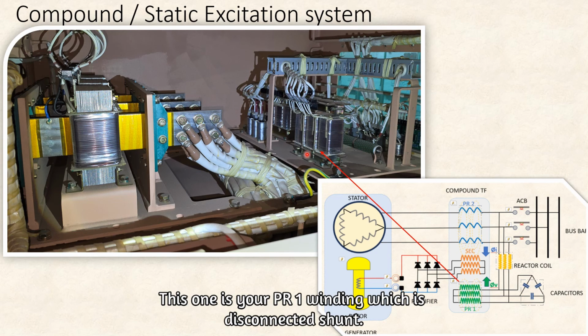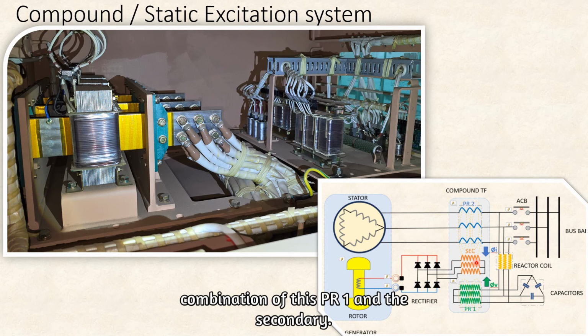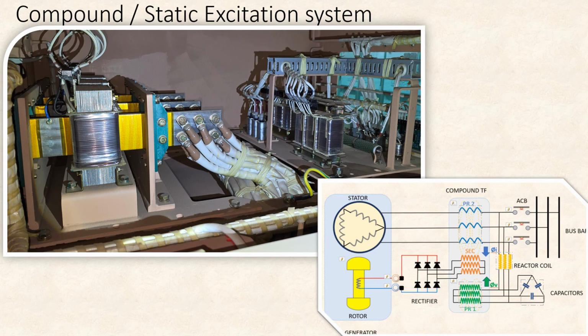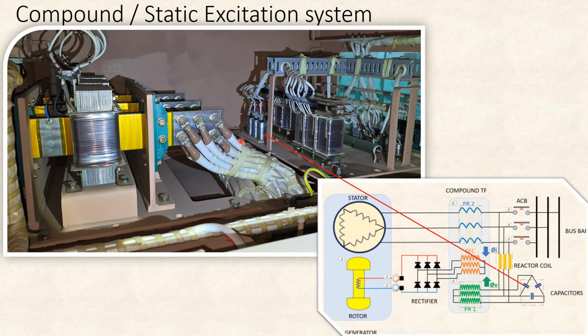This one is your PR1 winding, which is connected shunt, and actually this secondary and PR1 are together around here, and this is the combination of this PR1 and secondary. This inner set of coils are the reactor set of coils, and the capacitor bank that you can see here.